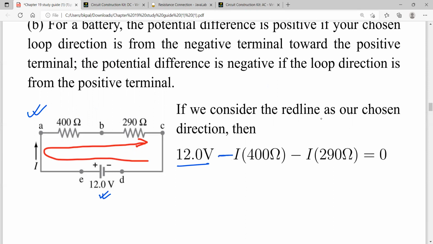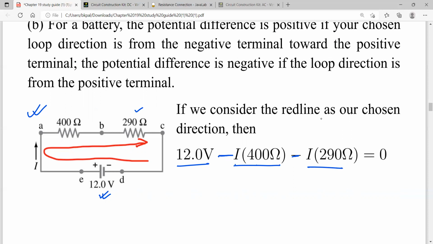So there will be a negative sign for the resistor, I times 400 ohm. And again for the 290 ohm, I will have a negative sign, something like this. We will be doing some numerical problems, and hopefully it will make the concept more clear.